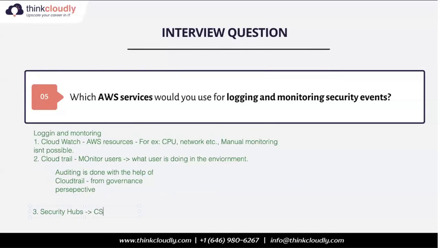This tool is going to capture all the information about security, whether it detects any kind of threat in my organization or any vulnerabilities that have to be inspected, all of that will be done with the help of Security Hub.